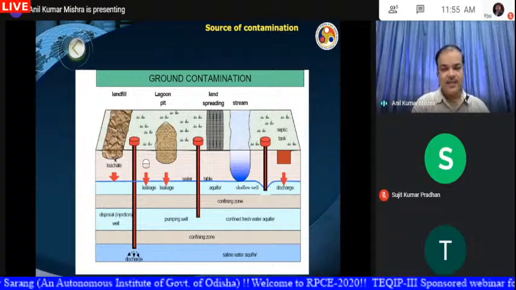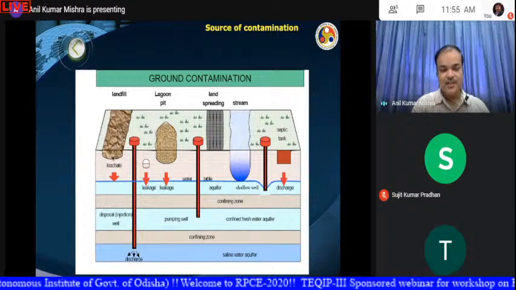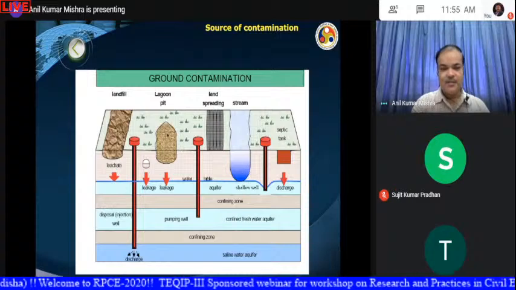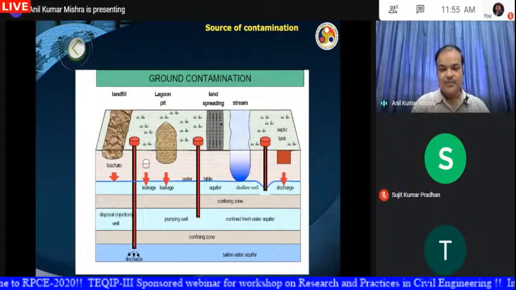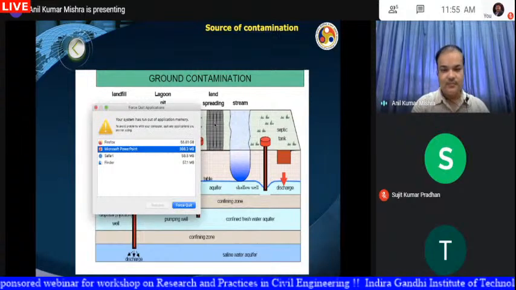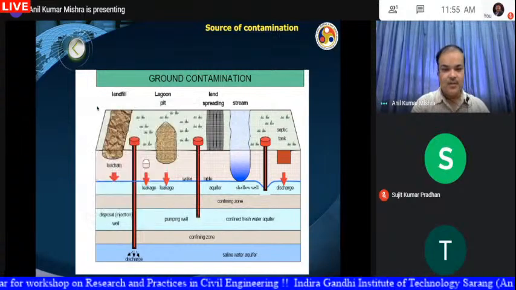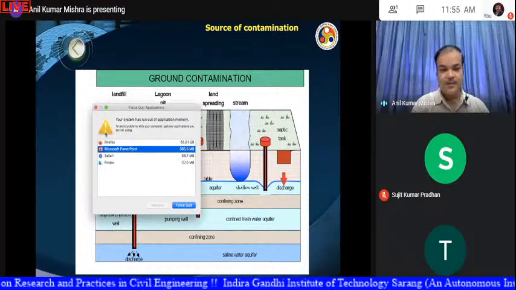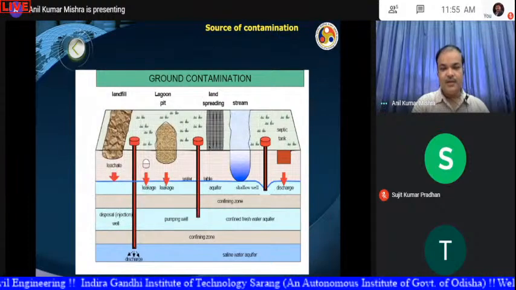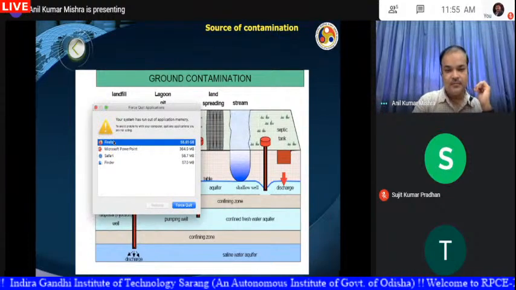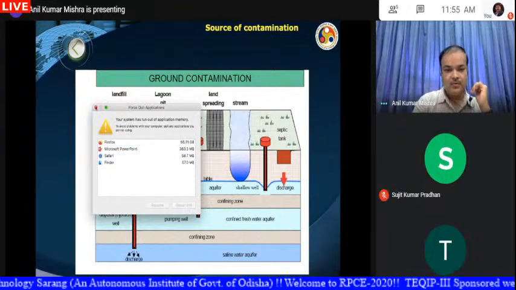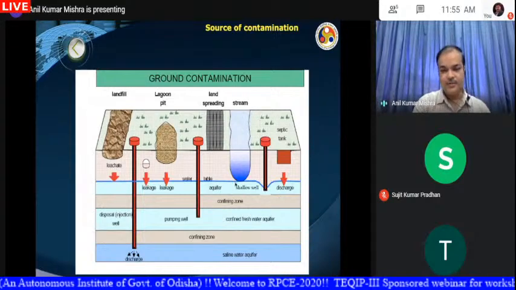This is a landfill site. The landfill site produces leachate. When leachate goes to the groundwater, it is contaminated. Similarly, you can see land spreading. When there is a problem with pesticides or heavy metals, it will contaminate our ground resource.